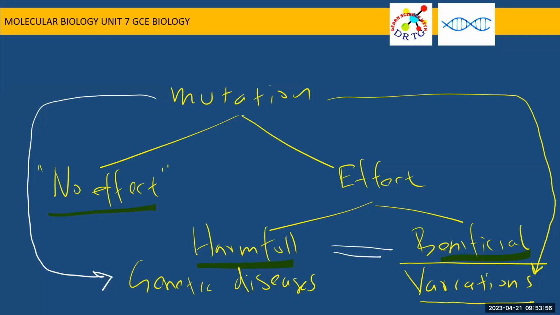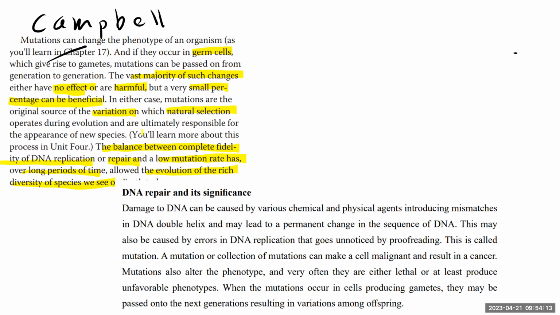So variation is very powerful for the whole population and the existence of organisms, and also to make a new organism. New species arise from existing species. So now you see what I tried to explain, and I match it with the Campbell Biology one.